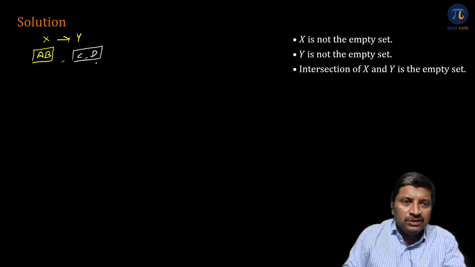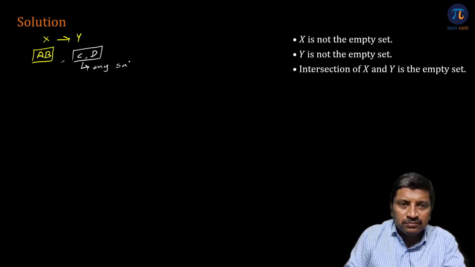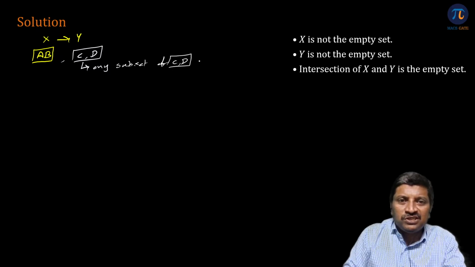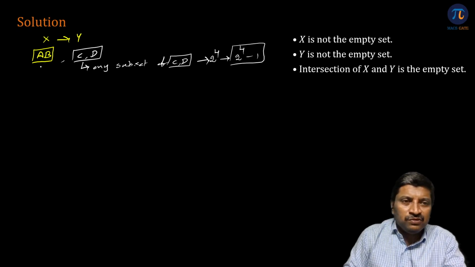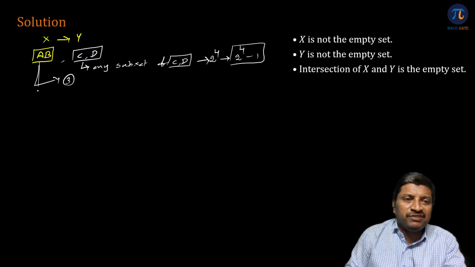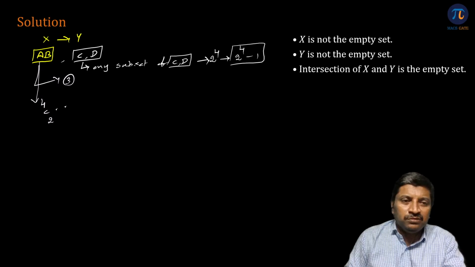C comma D, so any subset of C comma D. How many possibilities are there? 2 power 2, and out of that I should not use the empty set. So how many are left? 3. So for a 2-element set, 3 are possible. For the left side, out of 4, I want to select 2 elements: 4C2 into 3.